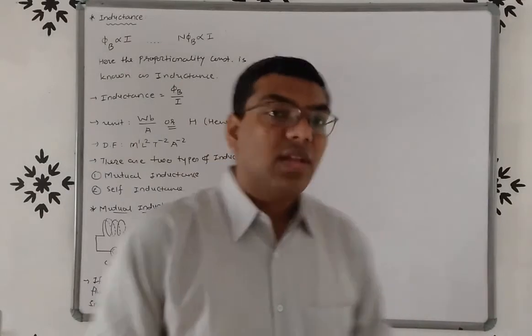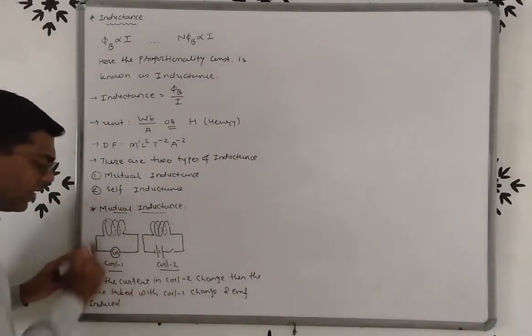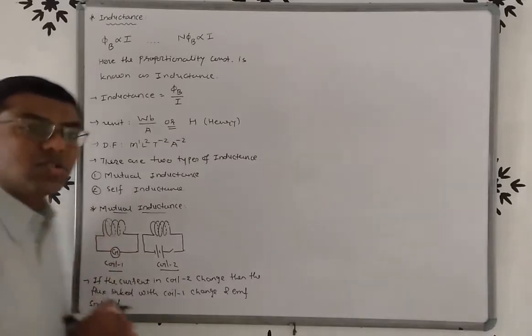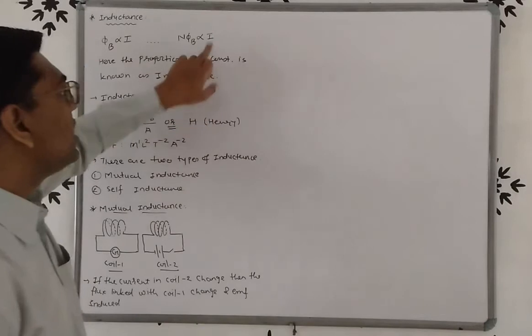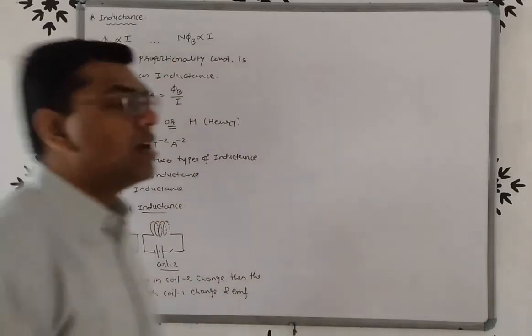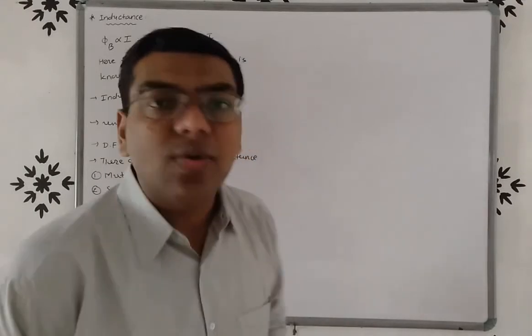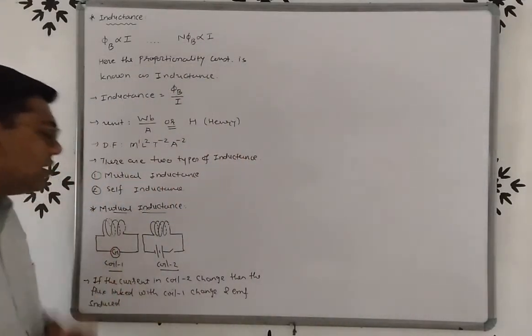So if the current in coil 2 changes, then the flux linked with coil 1 also changes. So instead of I, we have to write I2, and the flux linked with coil 1 changes.